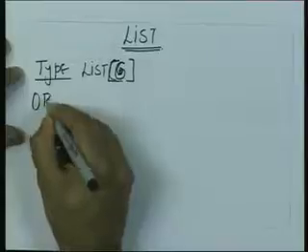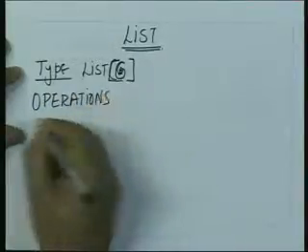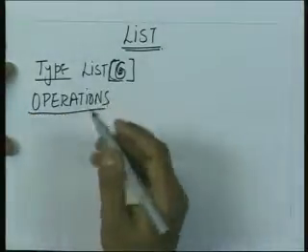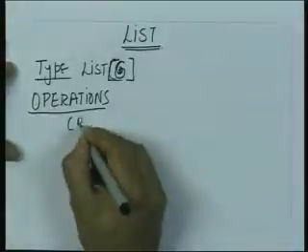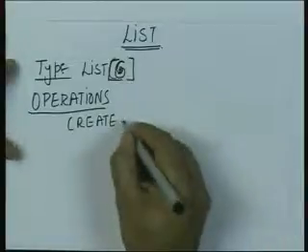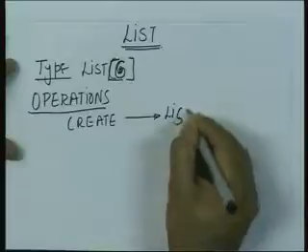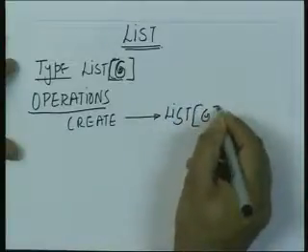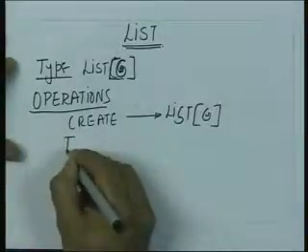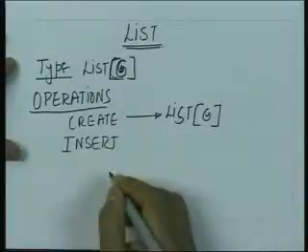The different operations or functions that can be used to manipulate instances of type list of G: first, you should be able to create a list, a make-new-list kind of operation, and this takes no arguments and gives you back an item of type list of G. Now here we have the notion of an insert on a list.